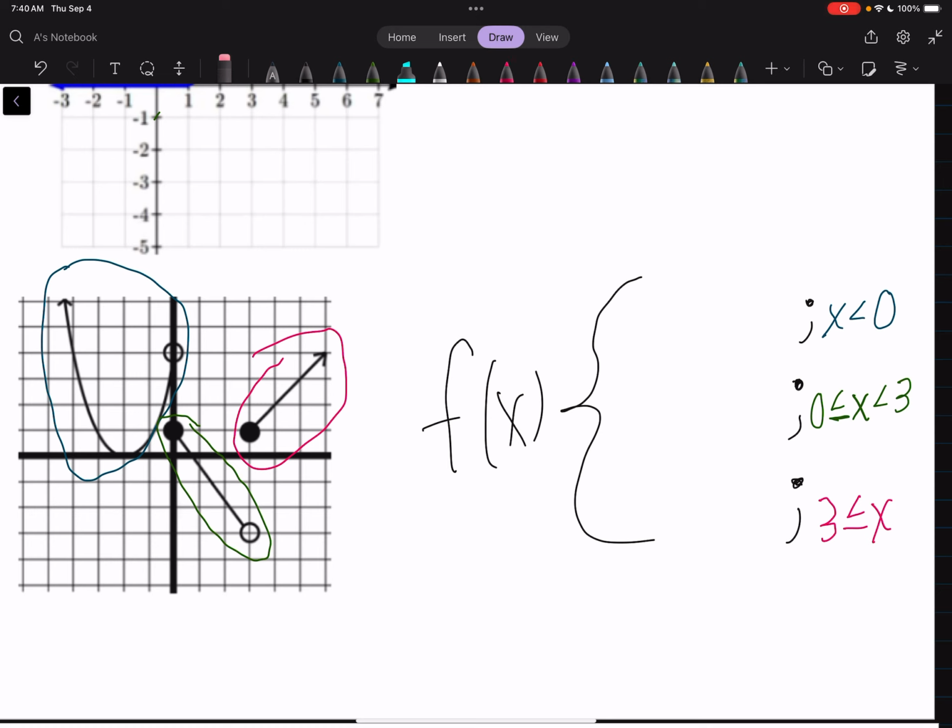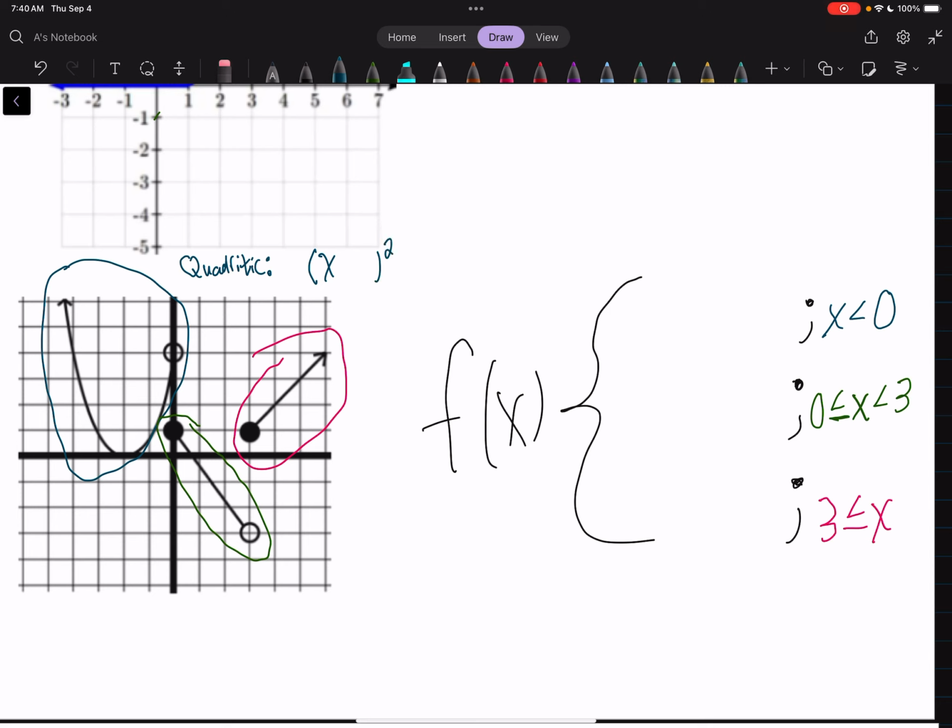Now let's look at the types of functions we have. In my blue plot circle, this is a quadratic. I know that because of the U shape and because the coordinates are starting from the vertex 1, 1, and then 2, 4. That is a standard quadratic, which is x squared. But I don't know the transformation yet.